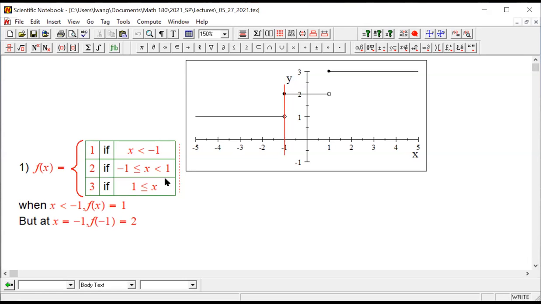For the second rule, what we know is that when x is between -1 and +1, f of x equals 2. That's not a problem.